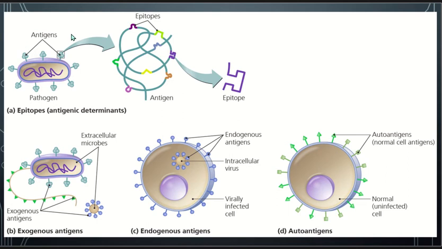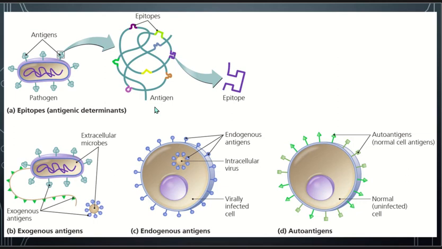And if you zoom in, each of these antigens has 1 to dozens of epitopes, which are also referred to as antigenic determinants. These two terms are interchangeable. And these epitopes are these little 3D regions of antigens whose specific shapes are recognized by immune receptors. So it's sort of like the key to your lock.